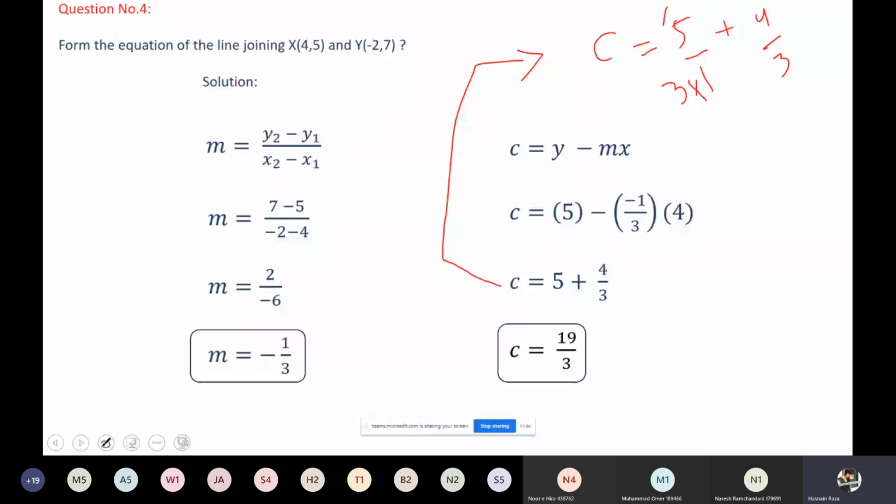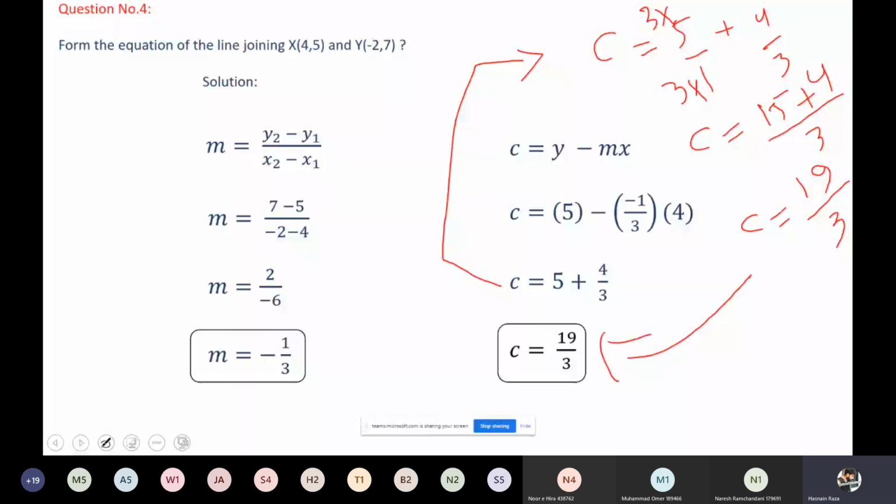So it becomes 3 fives are 15 plus 4 whole upon 3. That is ultimately 19 upon 3. This is what we did. This was step number 2. So now is it okay? Got it. So thank you.